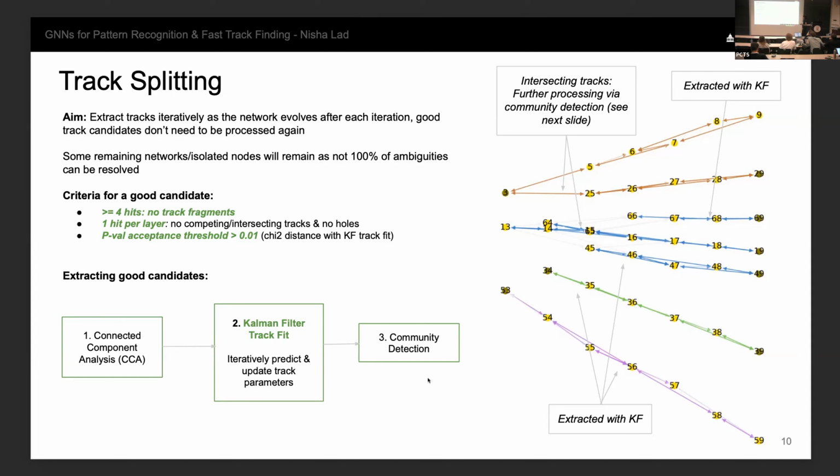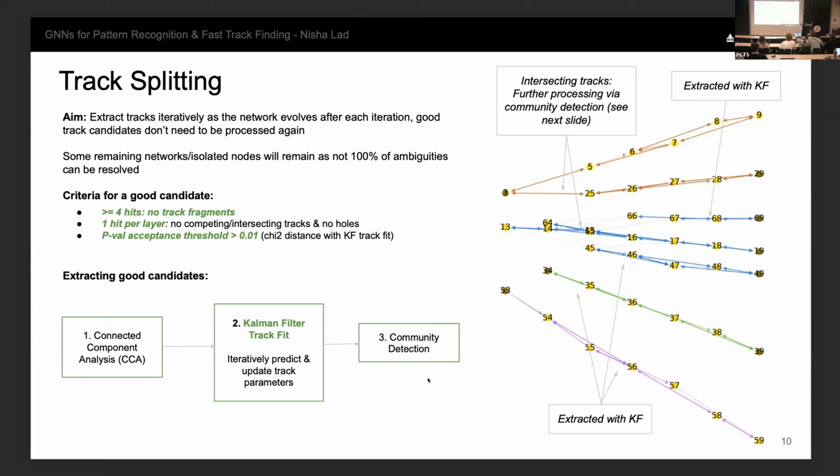And at this stage, if any track candidates are not extracted here, we would then do a further stage and apply a different algorithm known as community detection. So this is a technique whereby this is a further division of a node set using another distance metric. And I don't have time to talk about this now, but I can if anybody's interested.